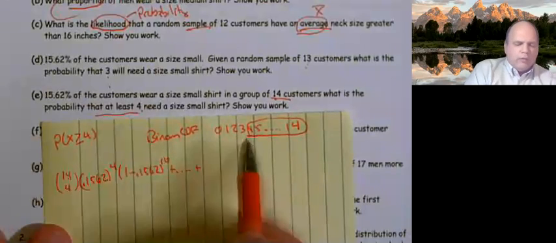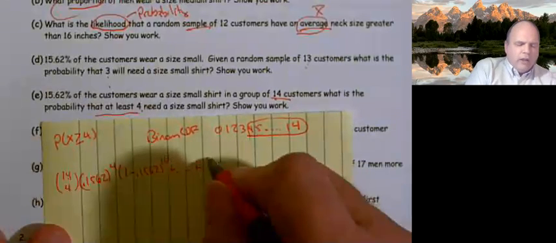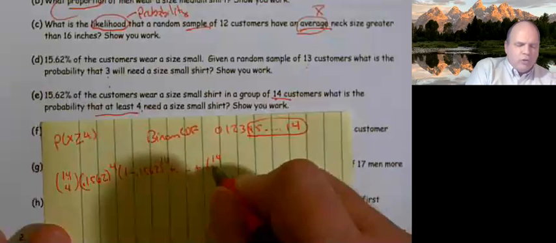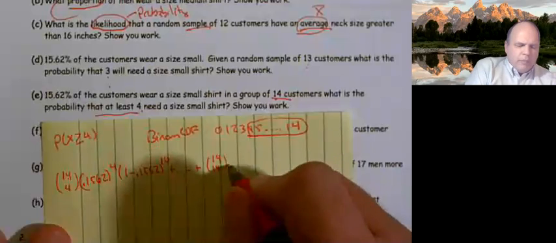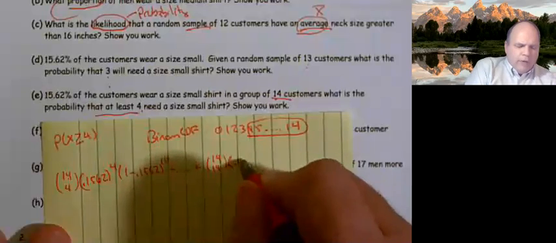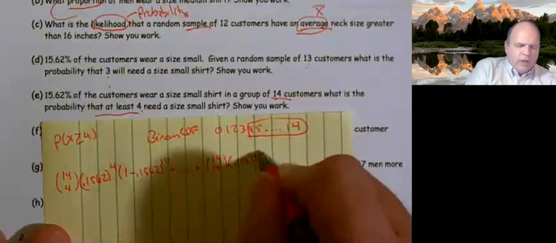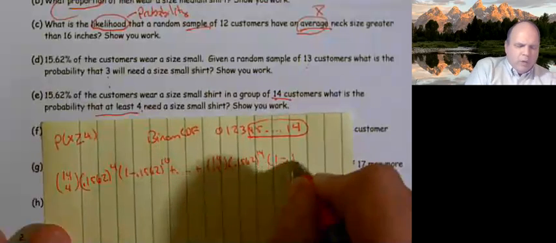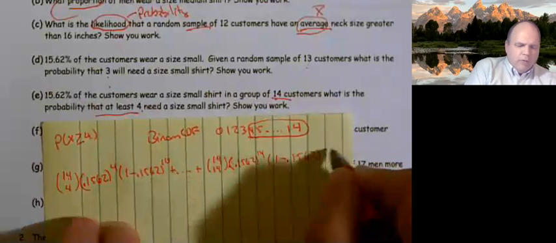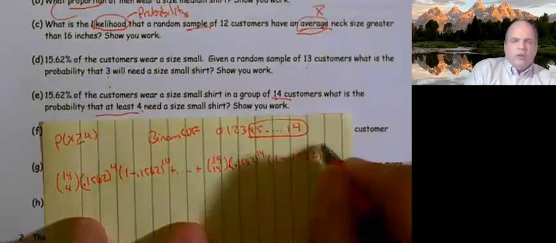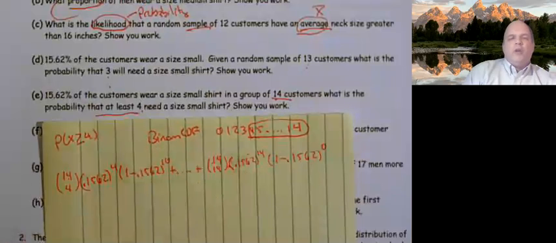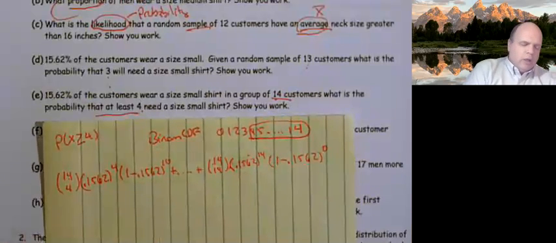I started with the lowest value I wanted all the way to the highest value, which is 14 choose 14, 0.1562 to the 14th, 1 minus 0.1562, 14 minus 14 is 0. So there's my work shown. So we look pretty good at that.